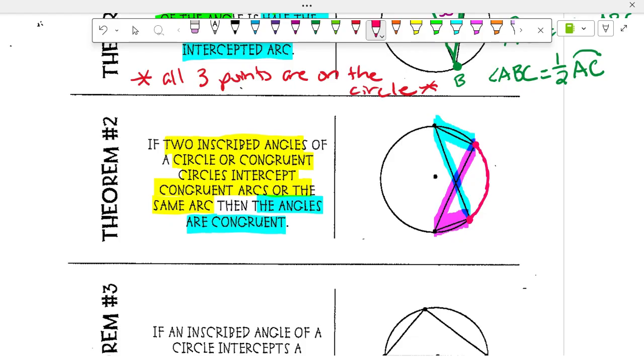All right, so because of that, we can say that these two angles are congruent. Now, let me use a darker color. So if I actually name these, let's call this one A, B, C, and this one A, D, C. So that means that angle ABC is congruent to angle ADC.